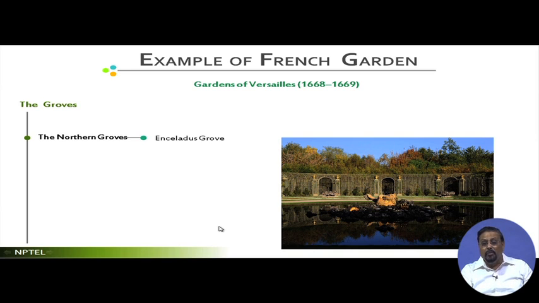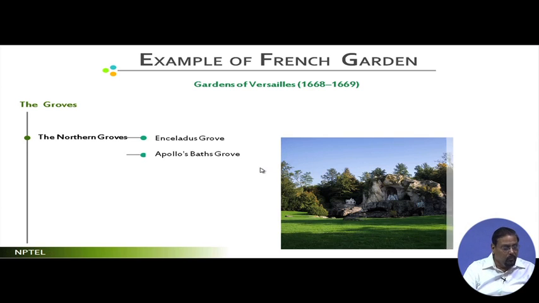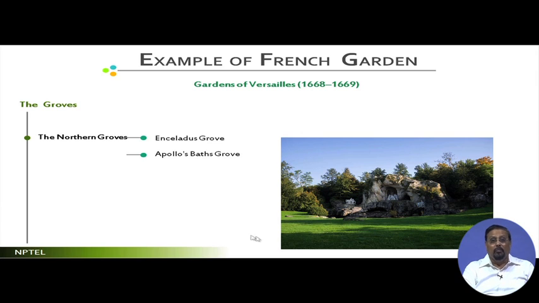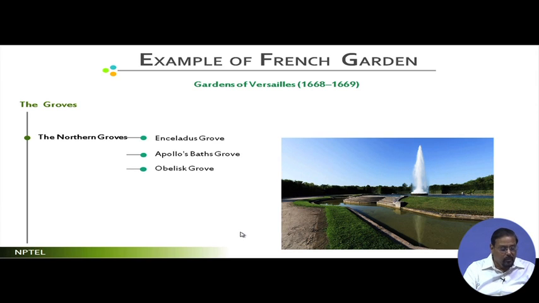Okay, so the examples that we found in Versailles are the Enclatus Grove, the northern groves, then the Apollo's Baths Grove, then the Obelisk Grove. In this Obelisk Grove you will find the vegetative grove here, but this particular fountain, a very tall one, resembles an obelisk. An obelisk is a kind of structure: if you see any structure which is above the ground, standing upward, it's an obelisk.